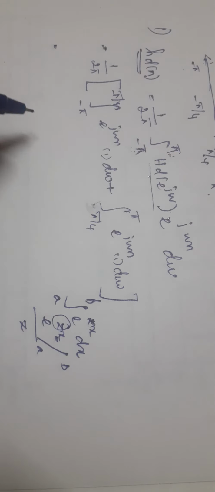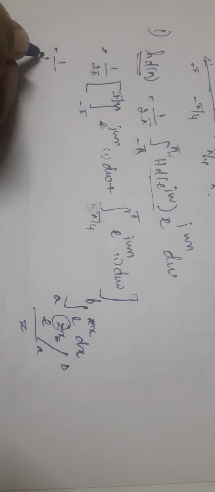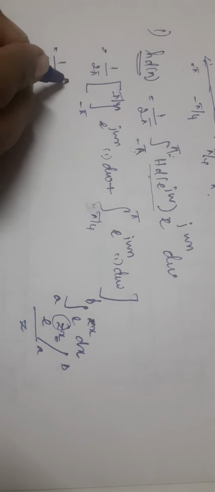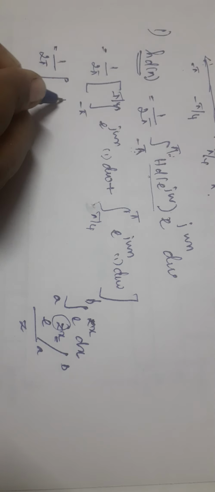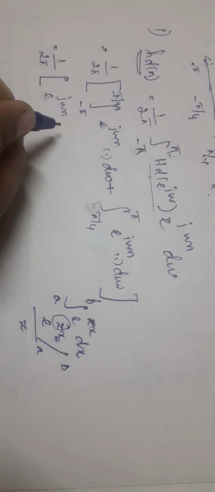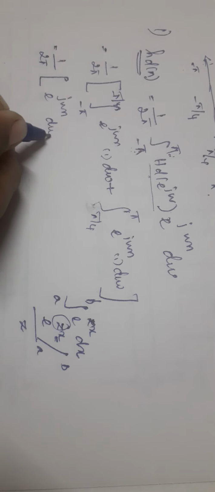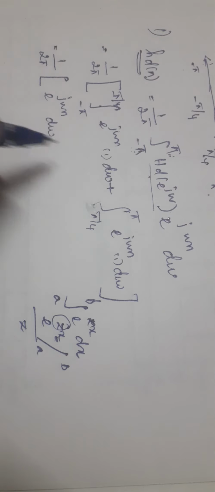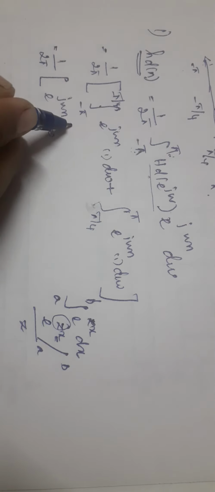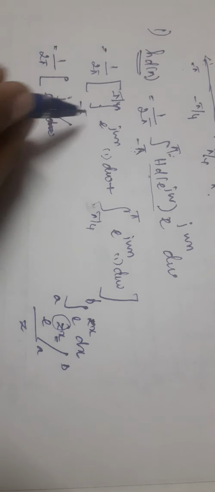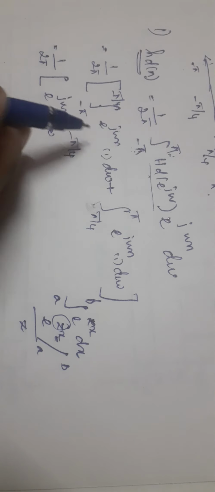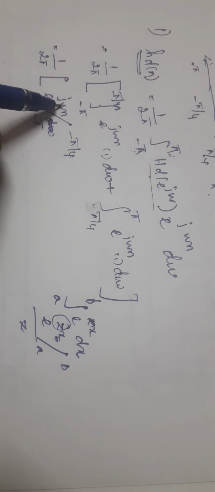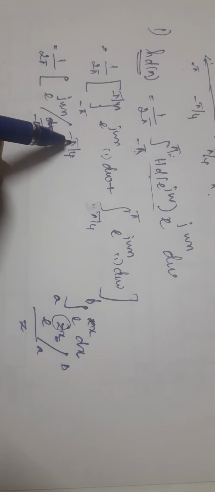In this way we have to solve. So 1/(2π) times the integral of e^{jωn} dω, for ω values from -π to -π/4, where we substitute the limits.